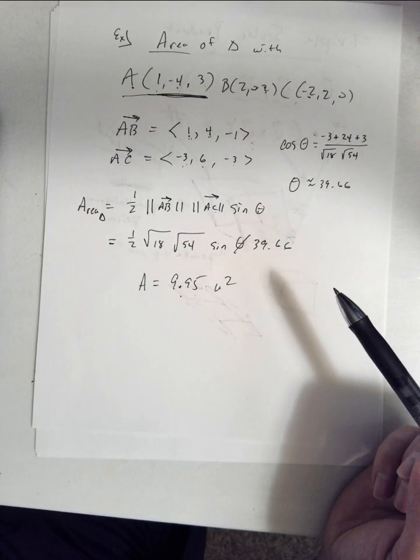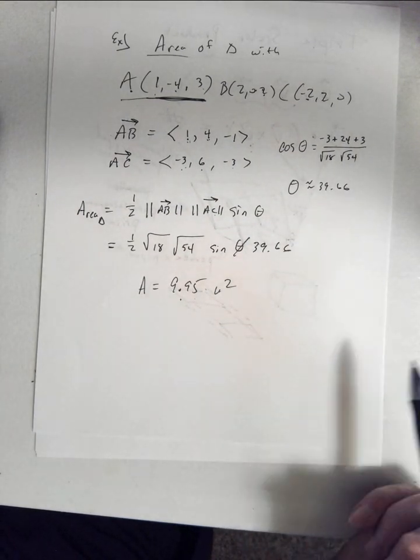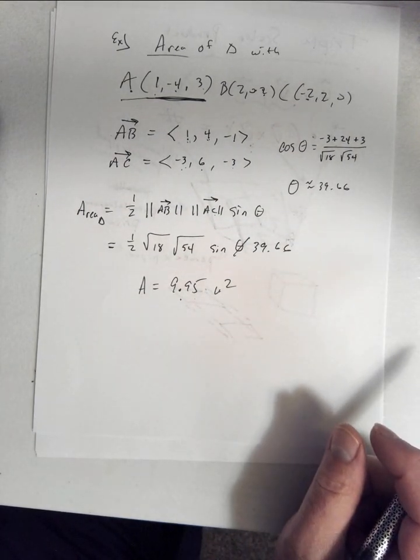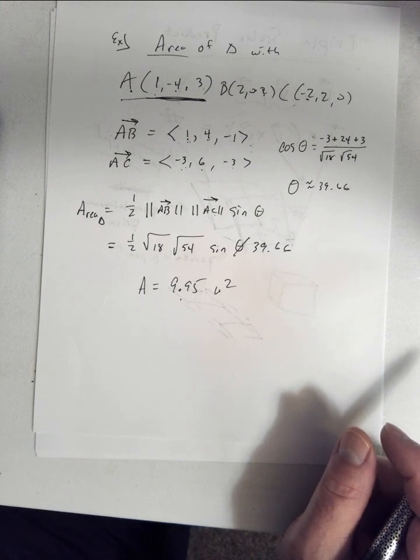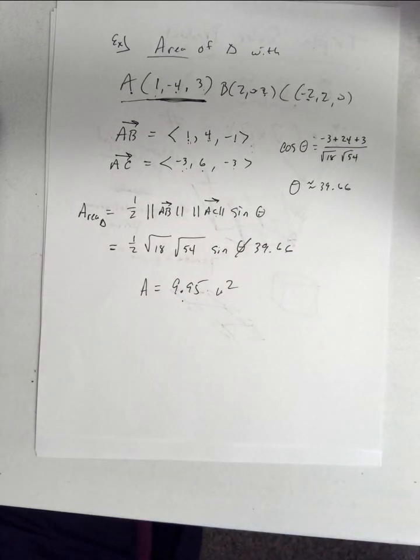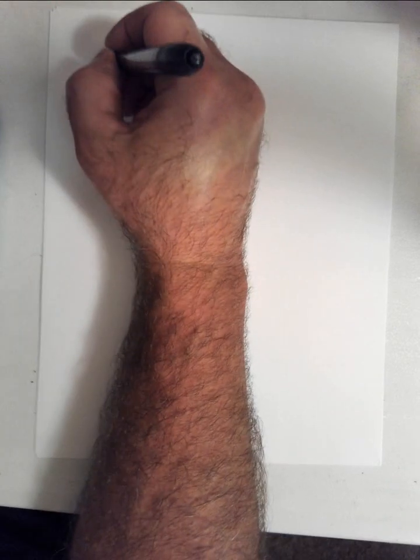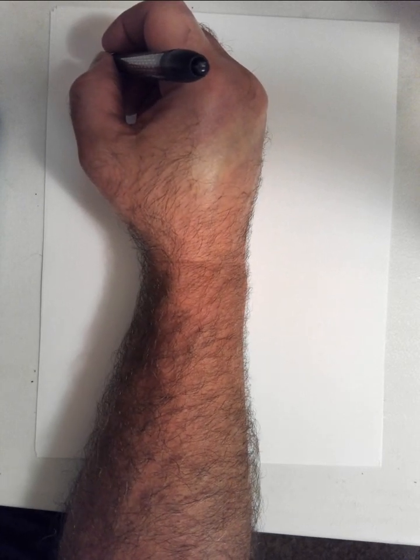So again, we can use everything that we've learned to find the area of a triangle. If we want to find a vector that's perpendicular to 2 others, that's straight up calculate the cross product. And to find the volume of a parallelepiped, let's say, I'm going to do question 56 here.